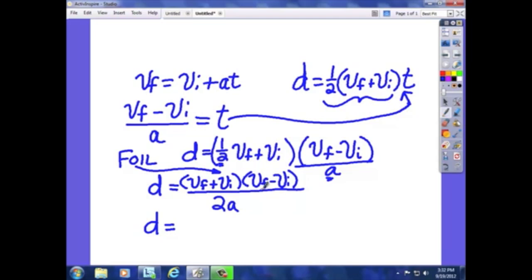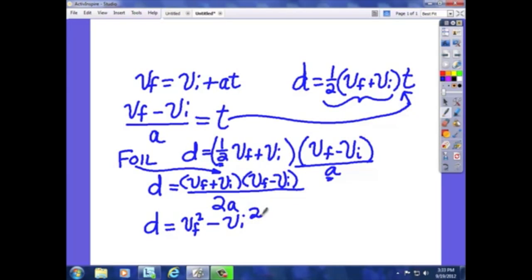It's a difference of squares, and that is going to cancel out the outside and inside. So my first term is going to be V final squared. My outside term is going to be negative VI VF, and my inside term is going to be positive VI VF, so that's going to go away. And my final term is going to be a negative VI squared.